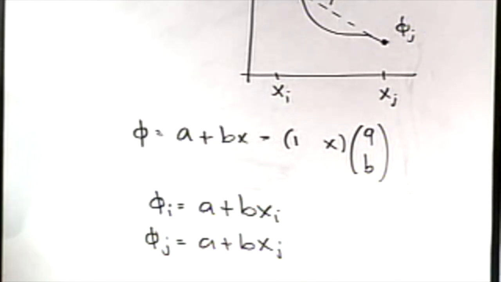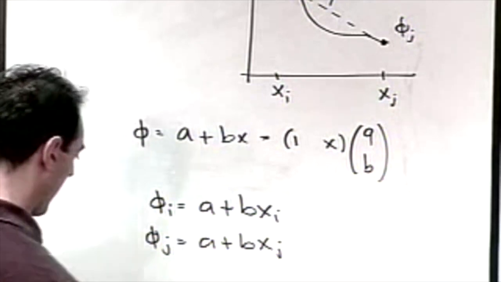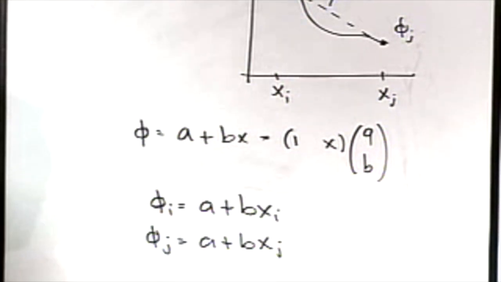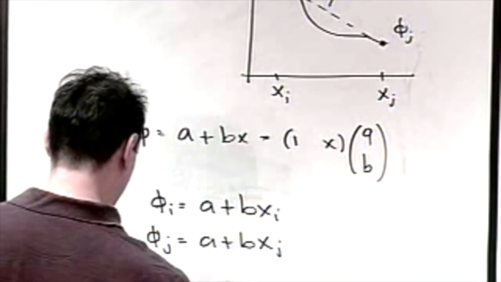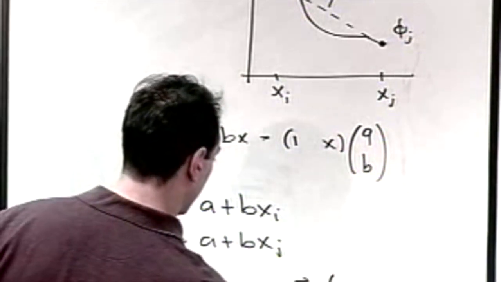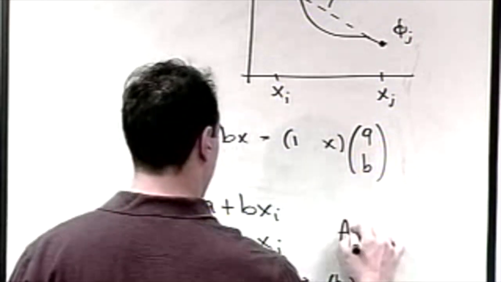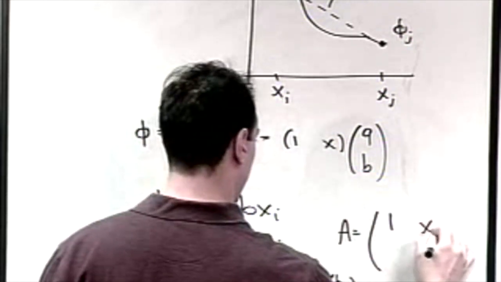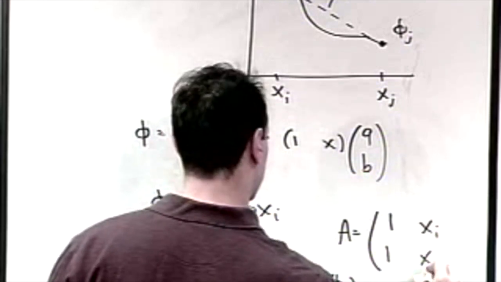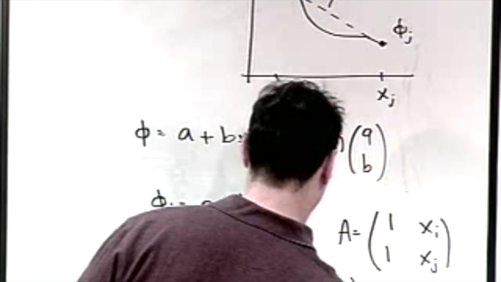Well, I can write this as a matrix system. I can say that the vector phi is equal to matrix A times vector a, where vector phi is phi_i, phi_j. Matrix A is equal to [1 x_i; 1 x_j], and vector a itself is [a b].